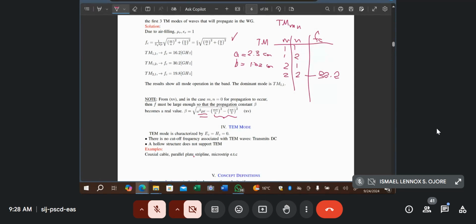Okay, why? Because the waveguides have, let's say, the boundaries. If it's, for example, a circular waveguide or a rectangular waveguide, there are boundaries that define its dimension. But for air, it's just free space.